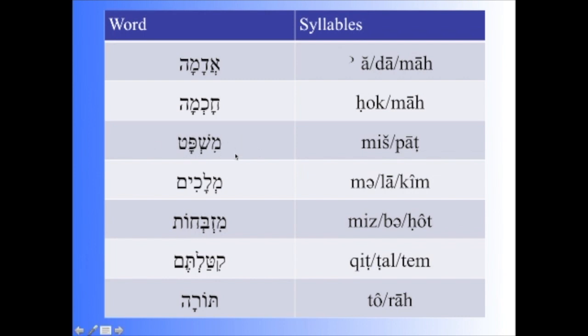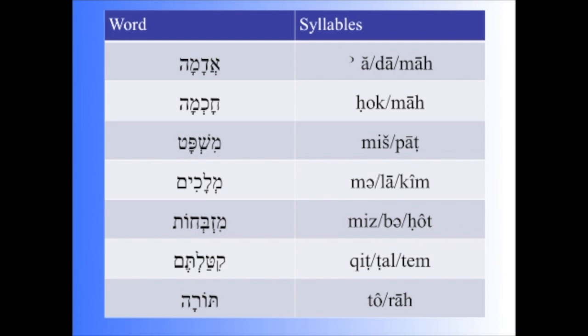If we look at the next word again, you have a shva, and in front of it you have a short vowel. And remember that short vowels tend to appear in either closed or unstressed syllables.